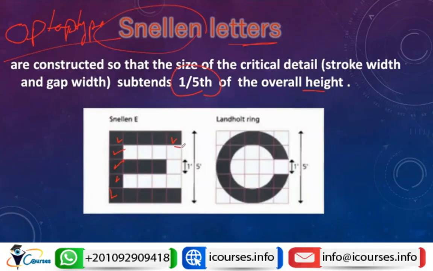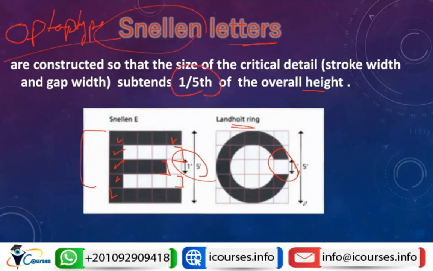So this gap is 1/5 of the overall height, and this stroke is 1/5 of the overall height, and this gap also 1/5 of the overall height. So the ratio is 1 to 5. And this is the same thing with the Landolt C chart. The gap in the C will be 1/5 of the overall chart.